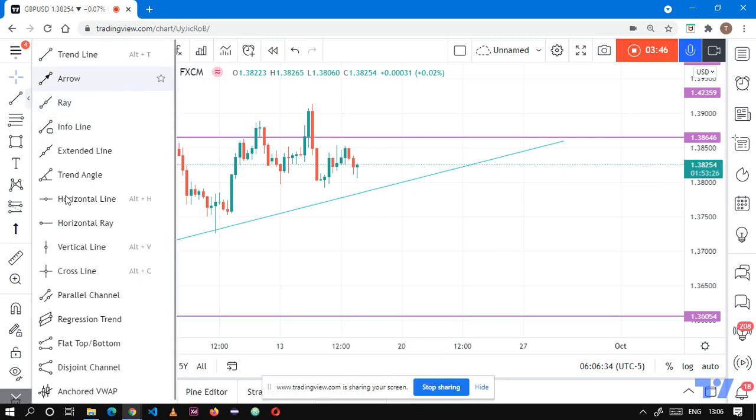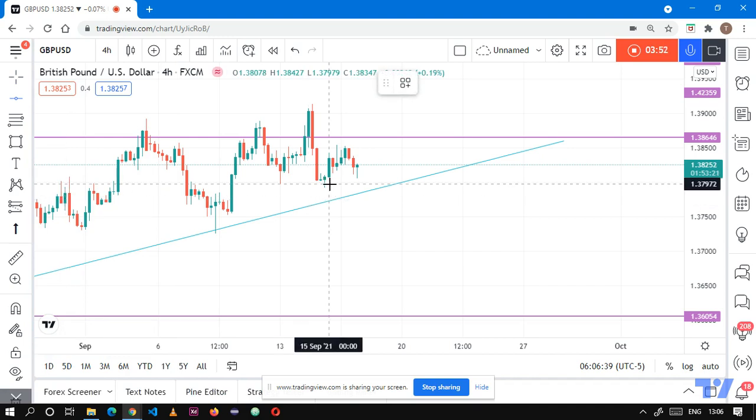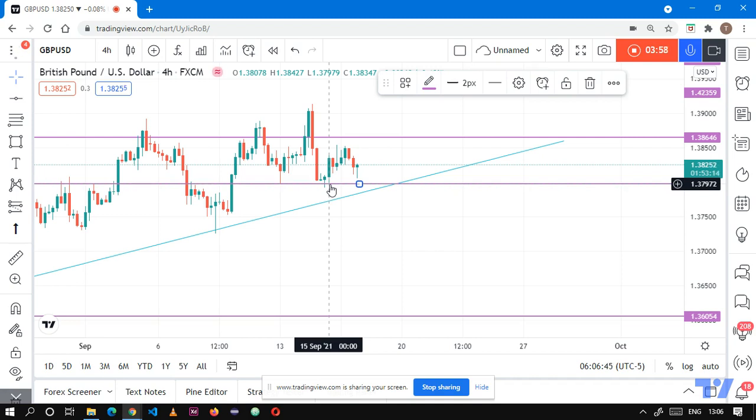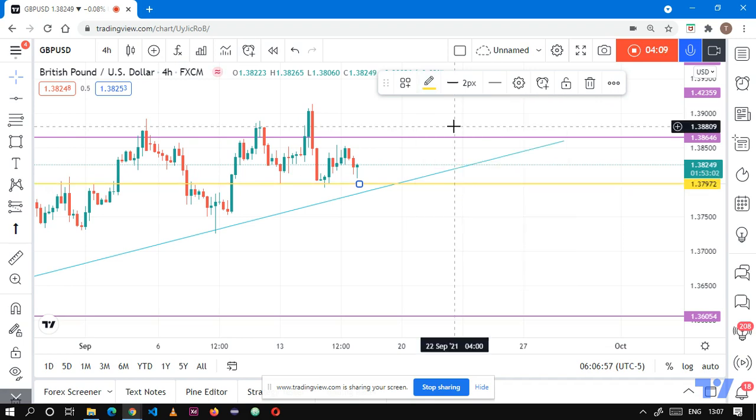The difficulty with top-down analysis is that you have to understand which time frames you drew certain areas of support on. Normally people color code. Say my support and resistance areas on the daily are purple, as you see here, and on the 4 hour they're yellow like this.